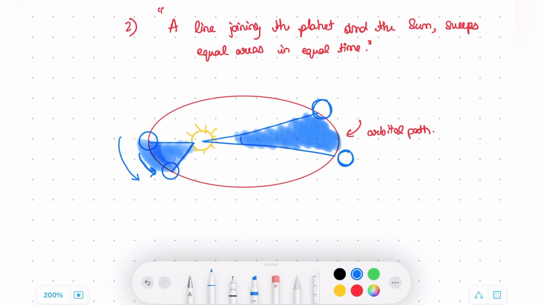So the earth revolves faster, or crosses this path at a much faster speed than what it is at here. Only in that case will they both cover equal areas in equal time, right? So the earth travels faster when it is at its perihelion and slower when it is at its aphelion.